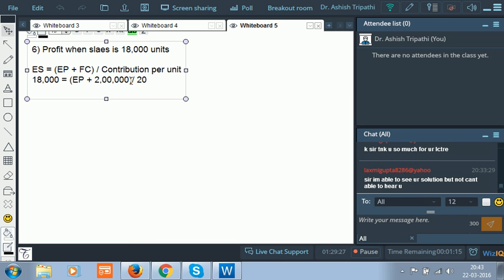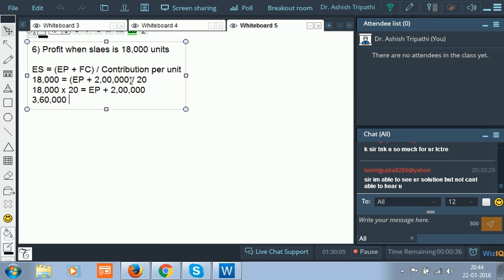So if we solve this, 18,000 into 20 is equal to expected profit plus 2 lakhs. So 18,000 into 20 will give you 3,60,000.